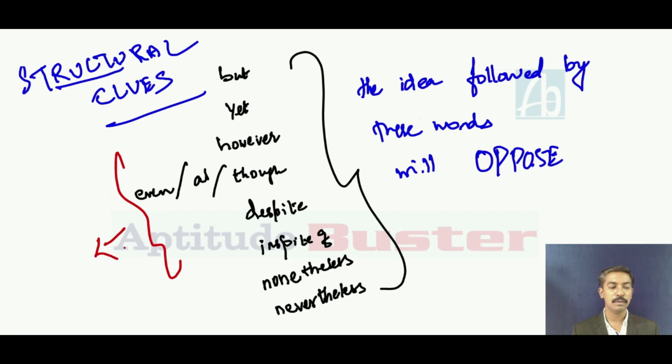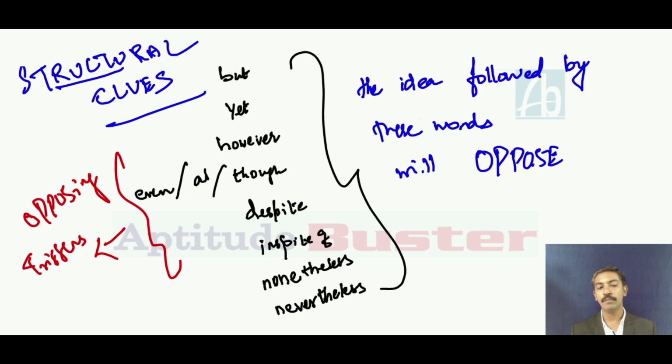These are called opposing triggers. So please note this idea. When you find any of these words in a sentence, the idea followed by these words will oppose the main idea. This is one list. You have one more list, note it down.